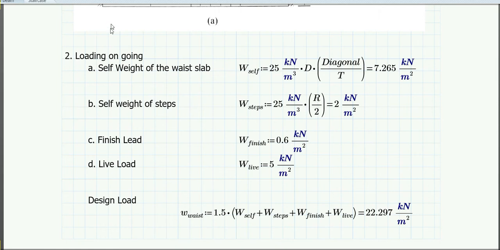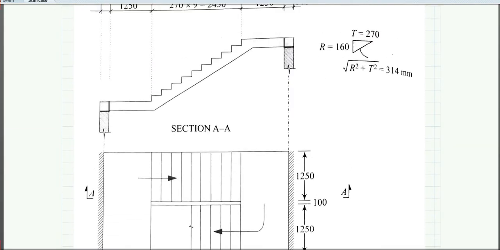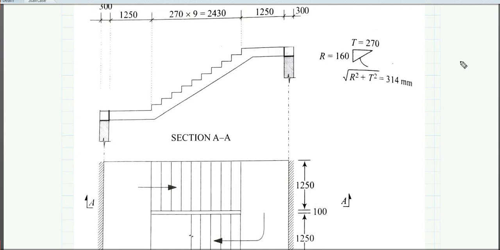Now let us calculate the loading. As you can see here, there are two locations where you have to find the loading separately. This is the landing. In the going portion we have the waist slab, which has a different thickness compared to the landing, as well as steps over the waist slab.